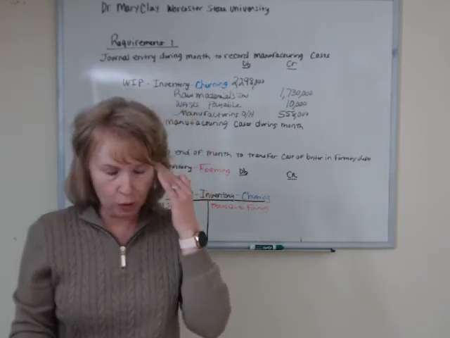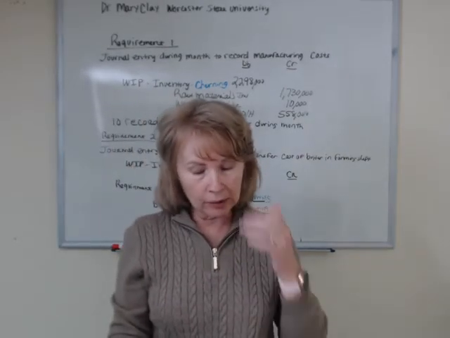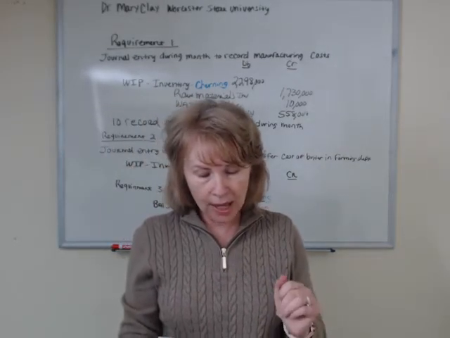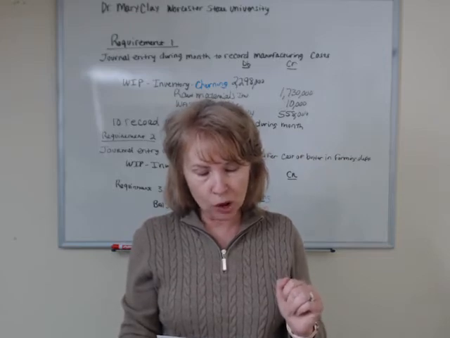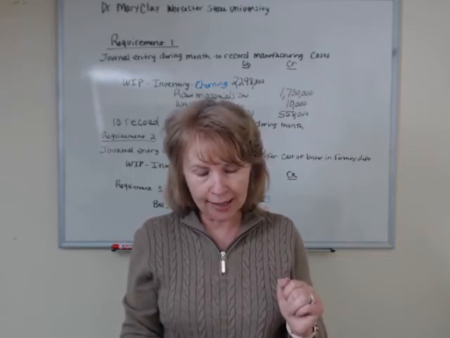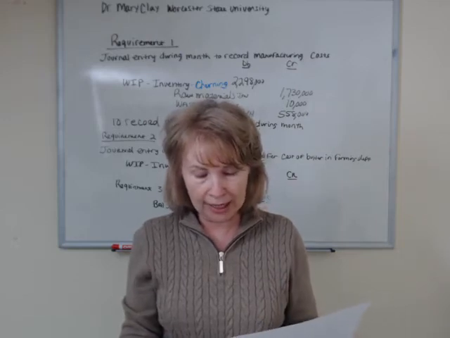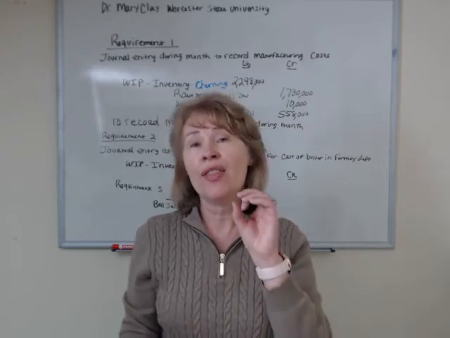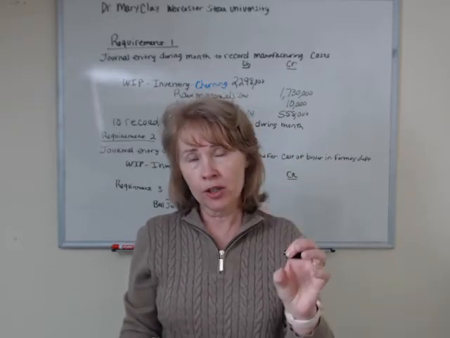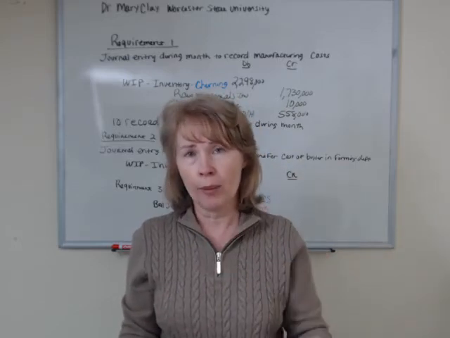I want you to look at the very last schedule, completed and transferred out. The costs assigned to units completed and transferred out, that's the number we need. We're going to transfer that number from the churning department to the forming department.